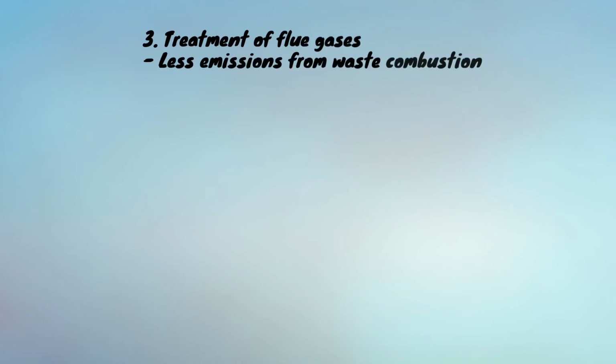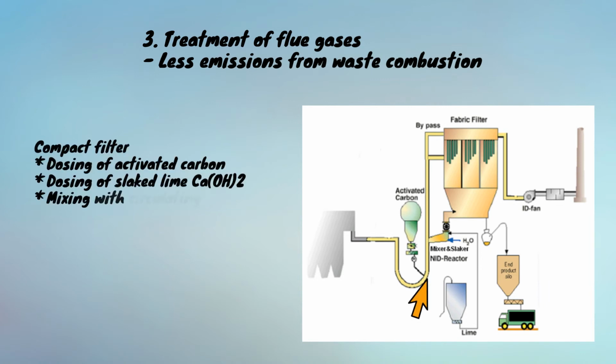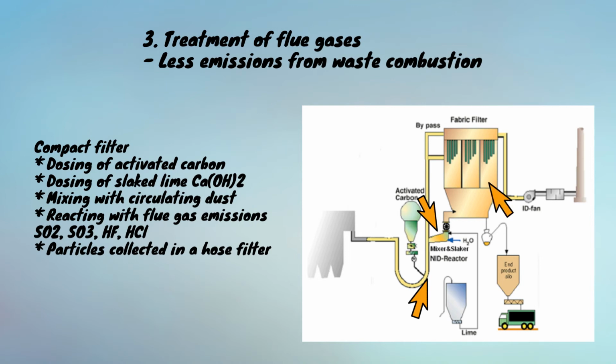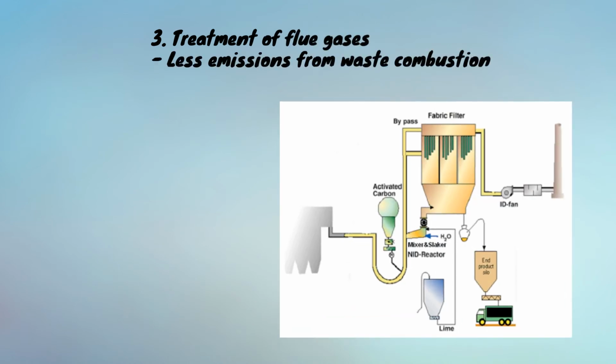A compact filter in waste combustion comprises dosing of activated carbon and slaked lime and mixing with dust. This fluid reacts with the toxic components of flue gas. Precipitated matters are collected in a hose filter. Here you see the chemical reactions which take place in the compact filter.